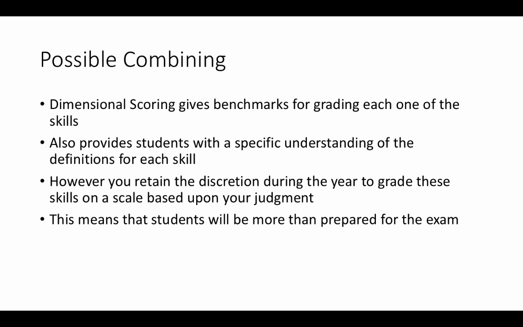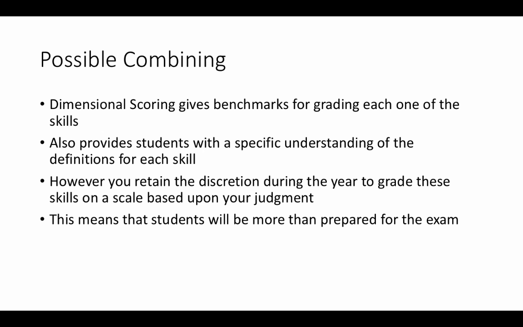However, I think you can also retain some holistic grading within the numerical scores. So you can retain your discretion upon whether or not a student hits a particular numerical score. For example, let's say a student does provide examples in the essay with reasons, but you feel that the student hasn't really provided sufficient amount of examples, or really the priority types of examples that are meant to be used.